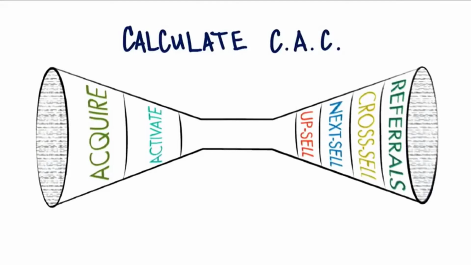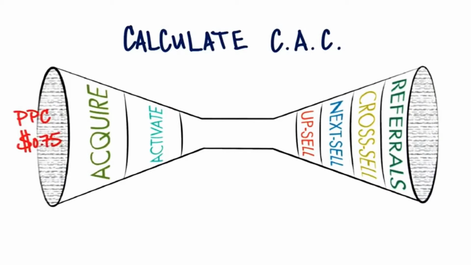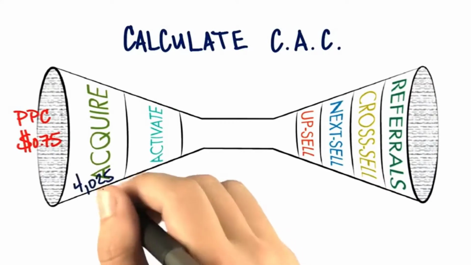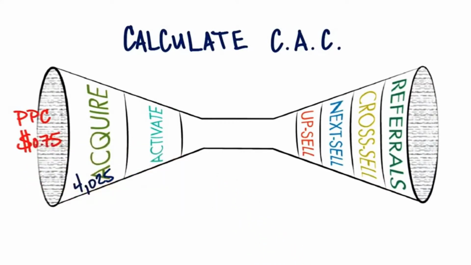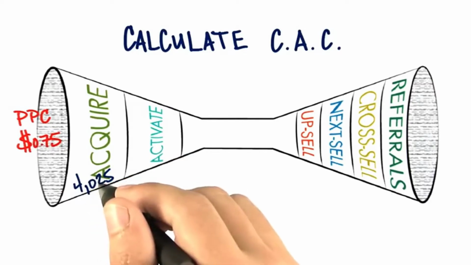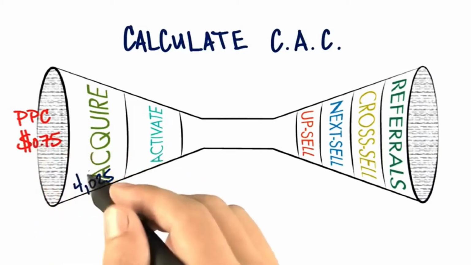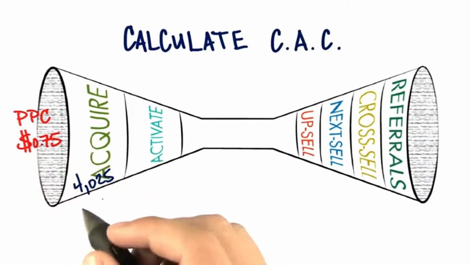So now we're going to do a quiz. What we're going to do is try to calculate how much it costs to actually get an active customer. Let's start with the pay-per-click. Let's assume we're doing a web company, and we spend 75 cents on Google AdWords for every click that comes to our website. Now assume we have figured out how to acquire 4,025 customers at 75 cents in this campaign.